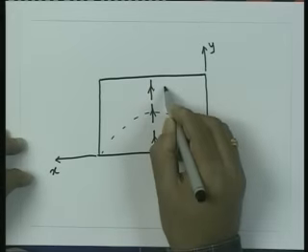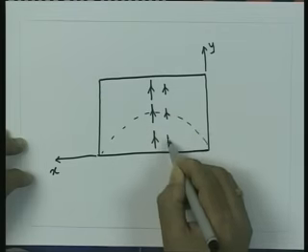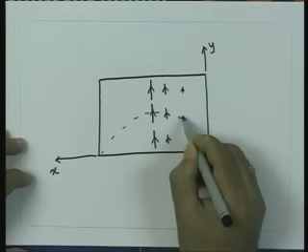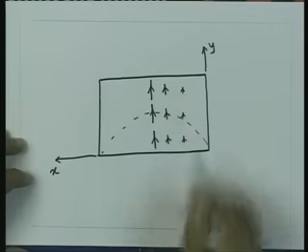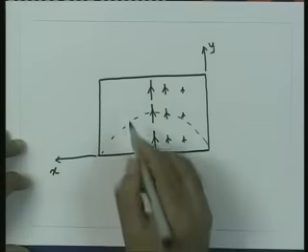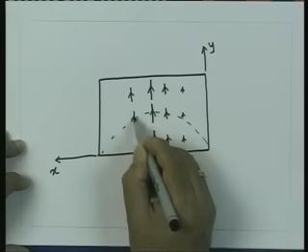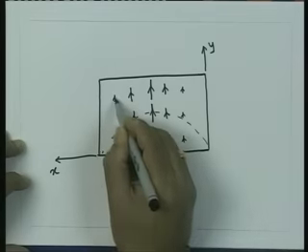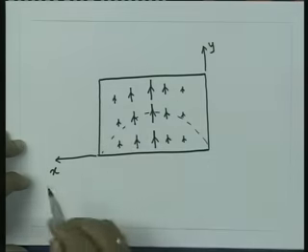So here I will get arrows like that, and further like that, and if I come here, it will become 0. The same thing happens on this side, and when I go to the wall, it will become 0.